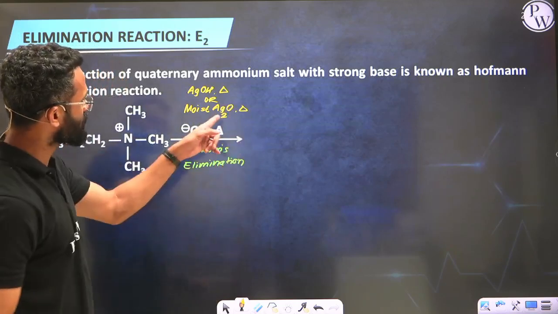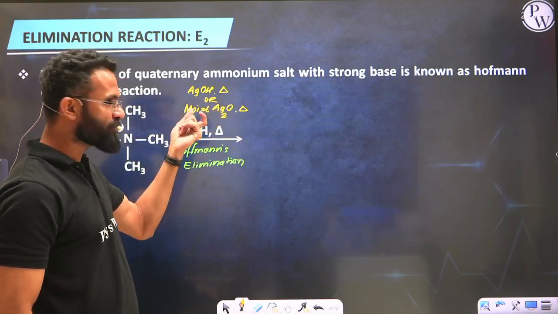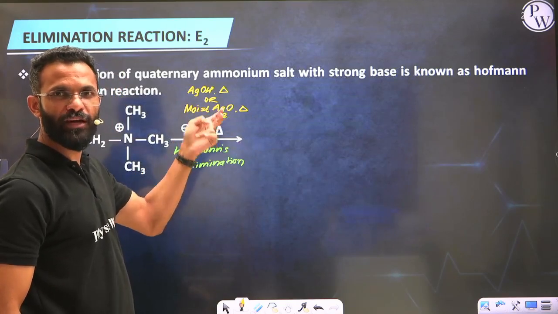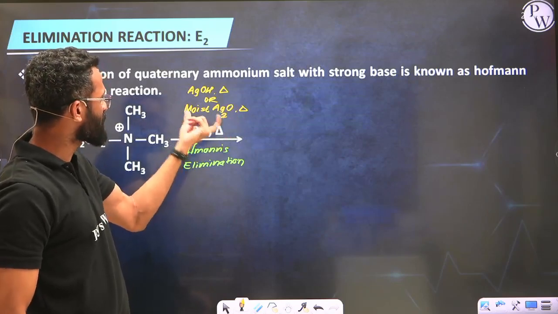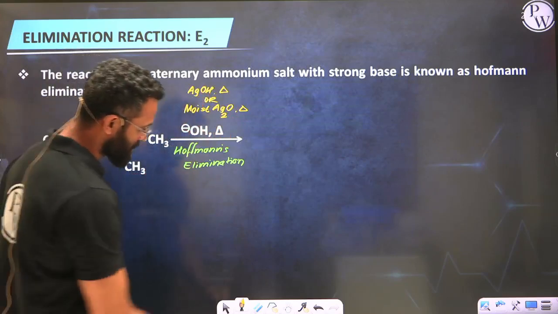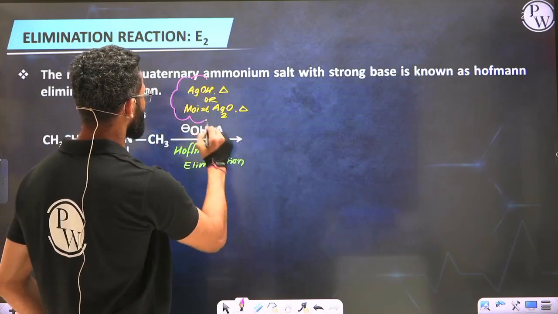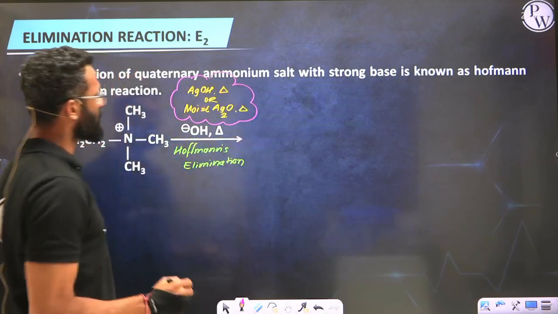So moist Ag2O is what? Ag2O in water. Ag2O plus water, if you write down its reaction, you're going to get 2 AgOH. So it is eventually nothing but AgOH and heat. AgOH is nothing but OH minus and heat. And that's why any of these conditions eventually tells us that these are the conditions for the Hofmann elimination.